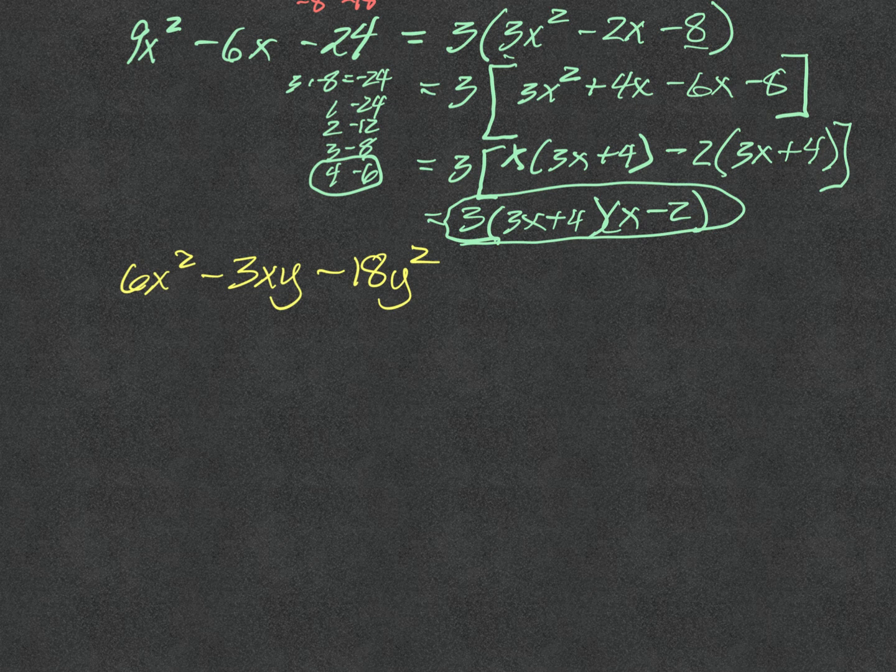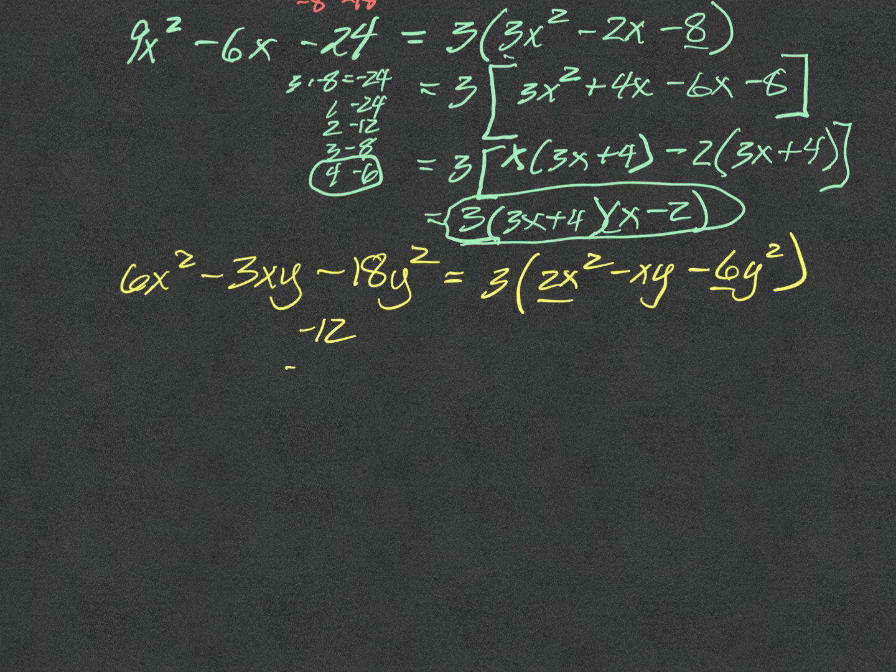All right. And so what we see here is, once again, 3 goes into all of these. So we take out the 3, and we get 2x squared minus xy minus 6y squared. Then we do 2 times negative 6, which is negative 12.